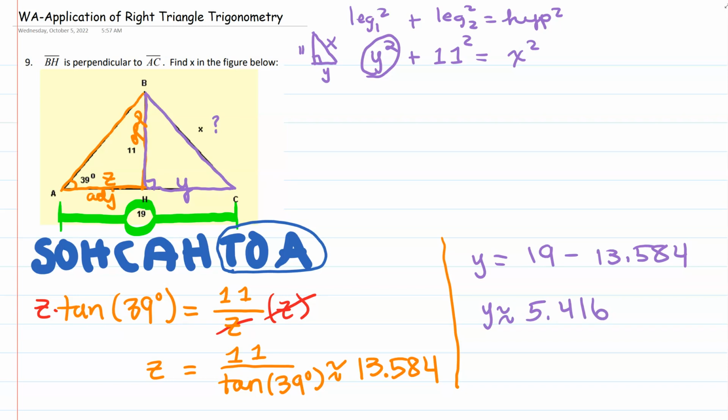So I can go back to where Y is right here and say that 5.416 squared plus 11 squared is equal to X squared.